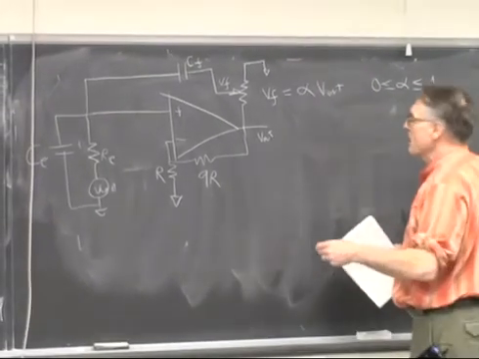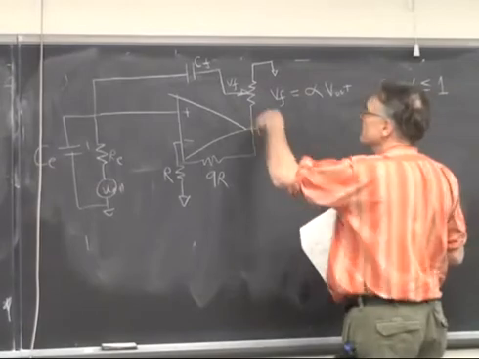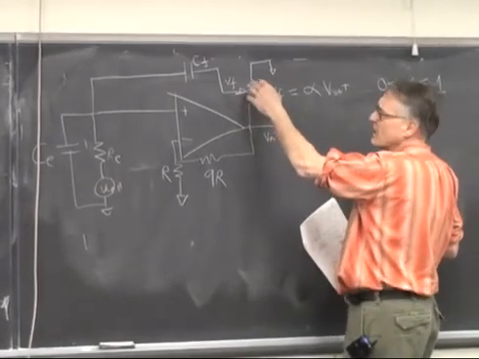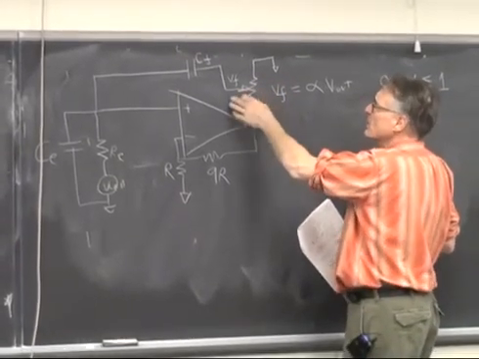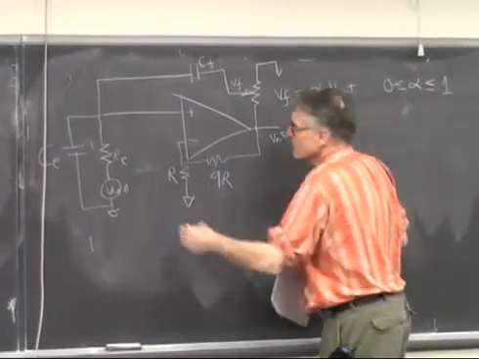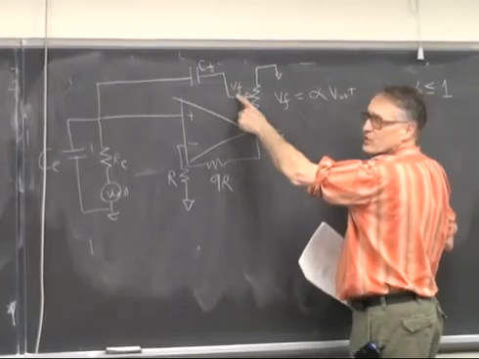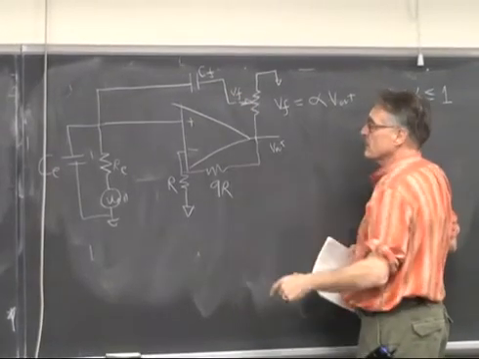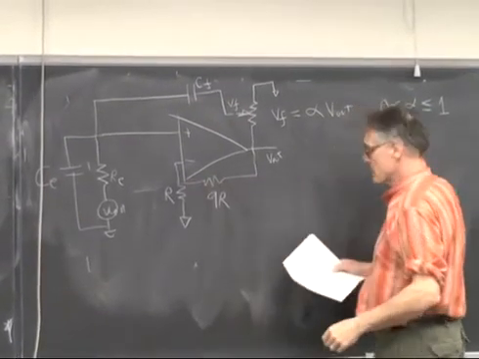All right, so we're going to say this is a low resistance, on the order of hundreds of kilo ohms. So the driving point impedance on this is low compared to everything over here. So this is a constant voltage source effectively. This is a constant voltage source.